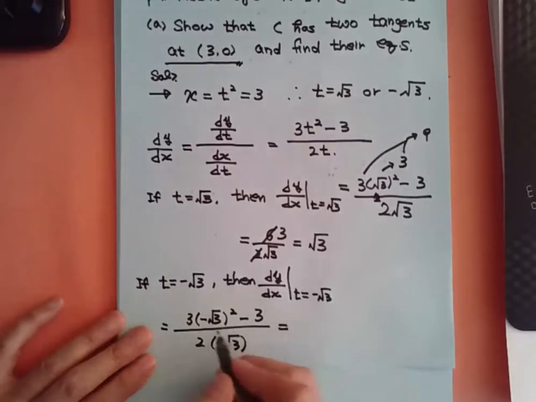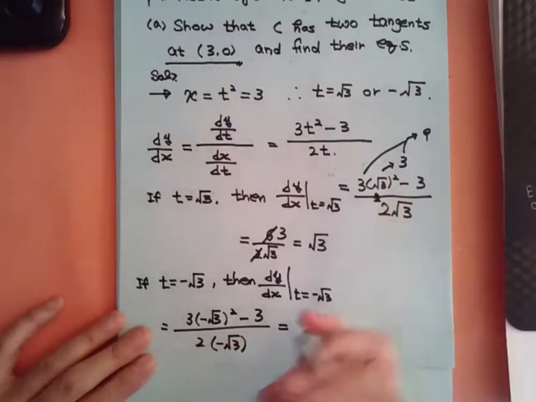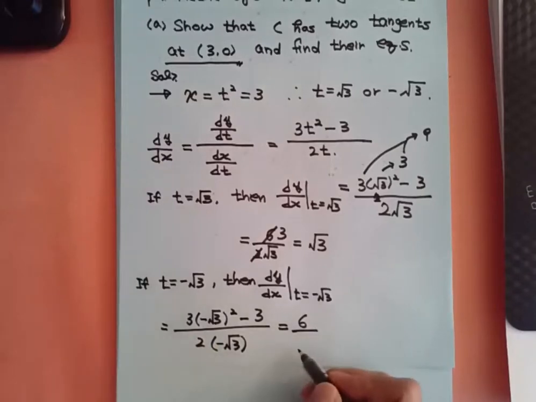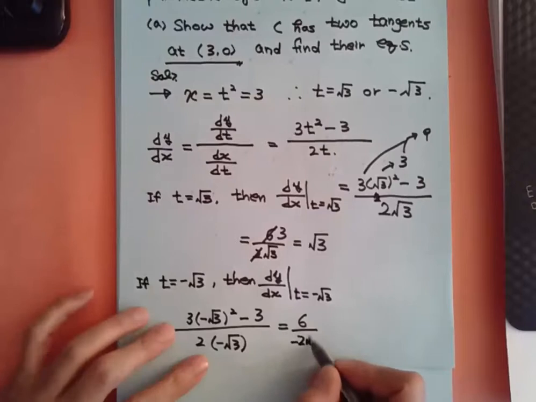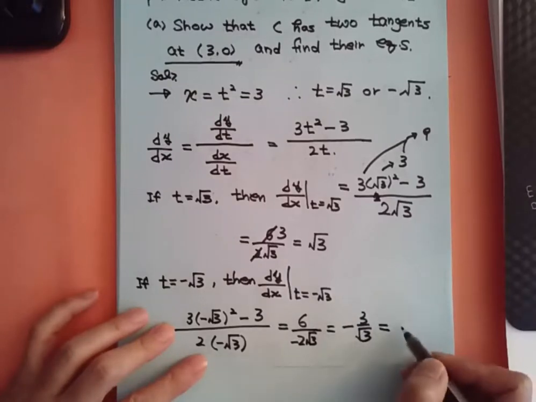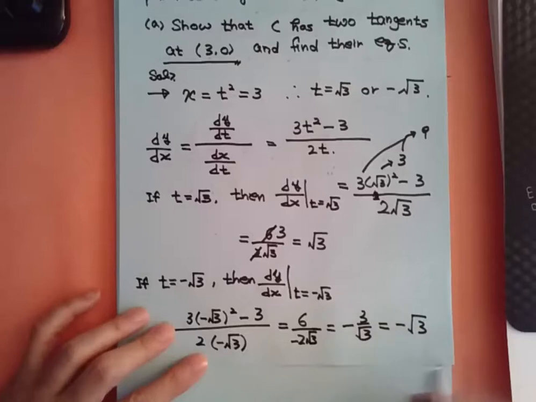So again, the same kind of calculation will give us 6, and the denominator is minus 2 square root of 3. So the entire fraction will be minus 3 over square root of 3. So that is minus square root of 3.